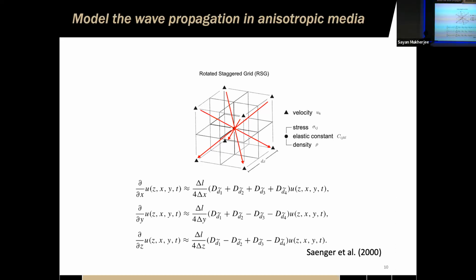In this case, the derivative is calculated in a new coordinate system that is rotated. We take one point from here and another point from here, so each derivative is calculated in this diagonal direction.